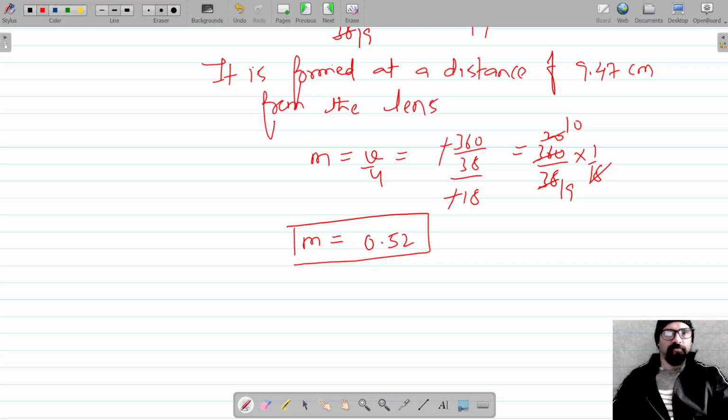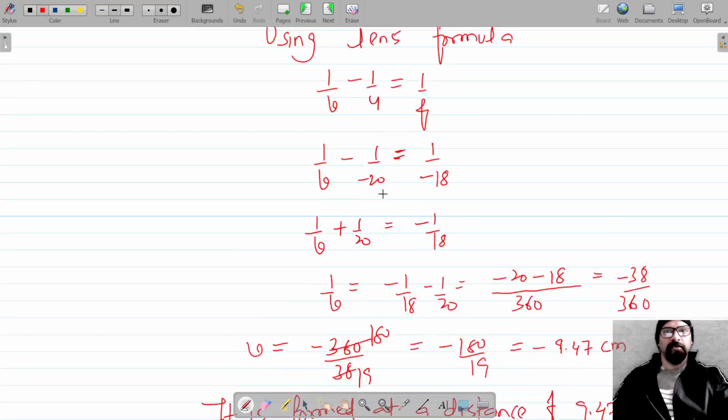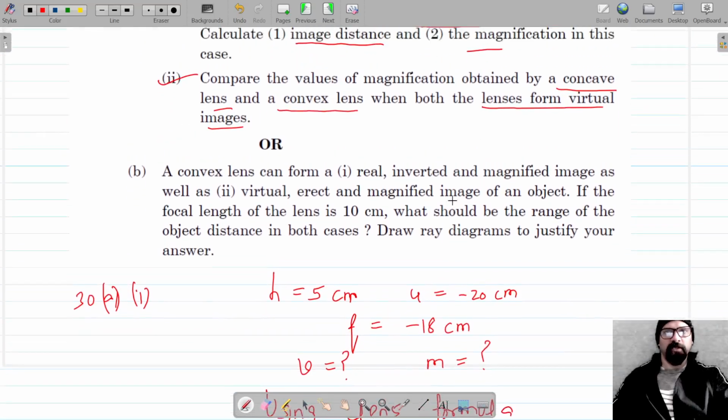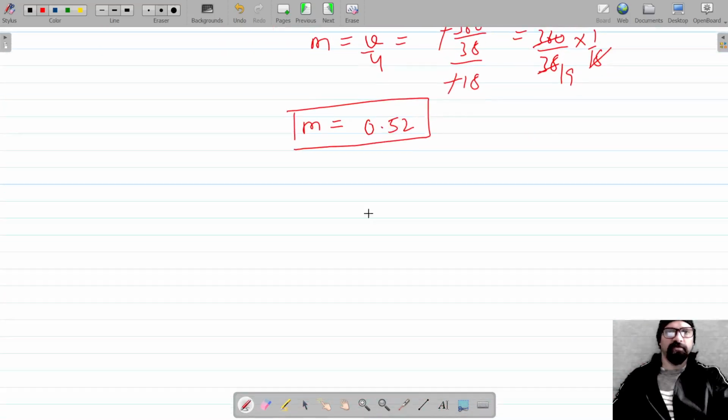Okay, moving on to the next part, we have to compare the values of magnification obtained by a concave lens and a convex lens when both lenses form virtual images. So let's take the case of the concave lens first.